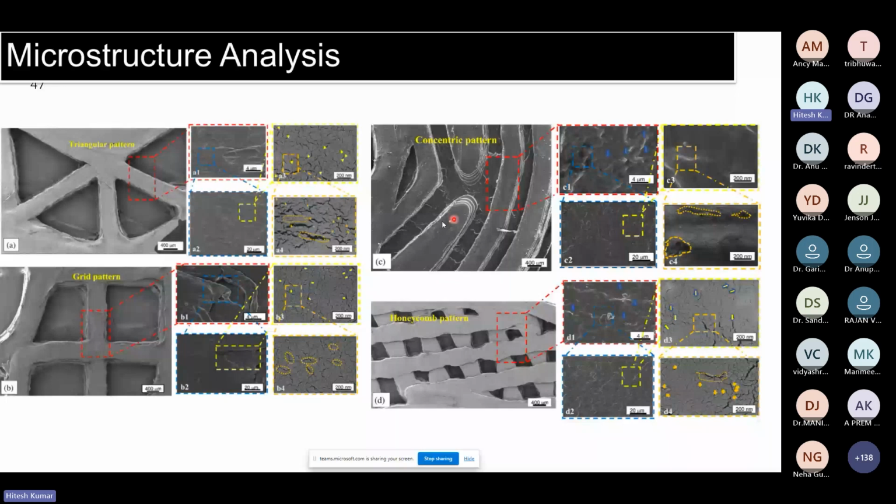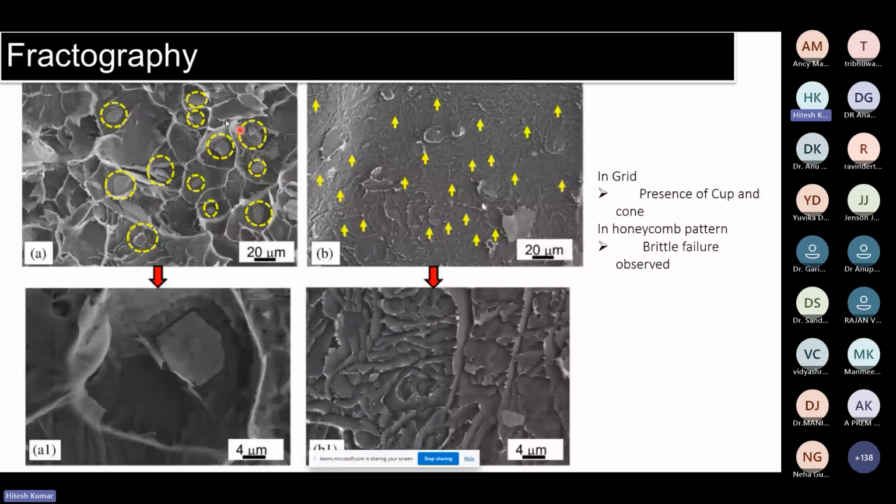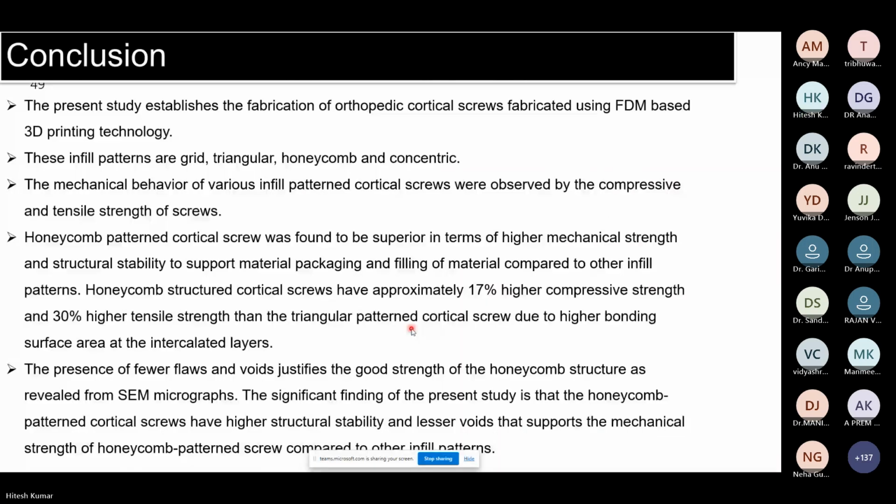In fractography, we observe the presence of a cup and cone structure. In honeycomb, there is a brittle sudden failure. Because of this sudden failure, the overall strength is improved. We were able to find that the honeycomb structure has approximately 17% higher compressive strength and 30% higher tensile strength than the other patterns.